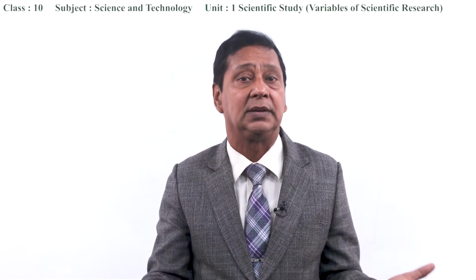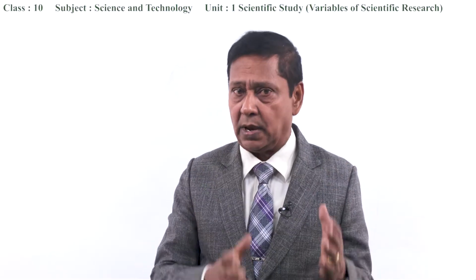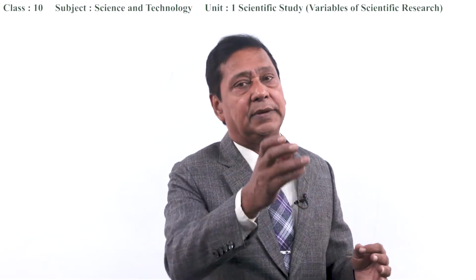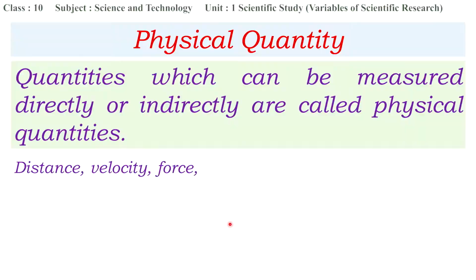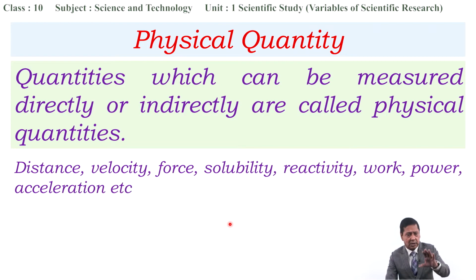That's why they are not physical quantities. This way, we have to understand the physical quantity. All the measurable quantities are physical quantities, directly or indirectly. For example: distance, velocity, force, solubility, reactivity, work, power, acceleration, etc. All these are physical quantities which we use in the study of science.